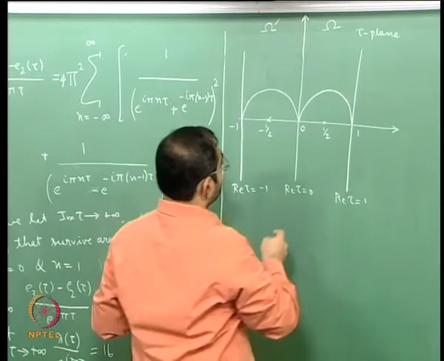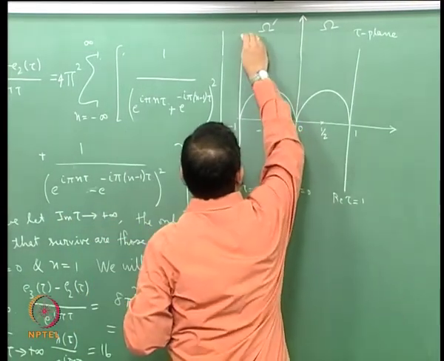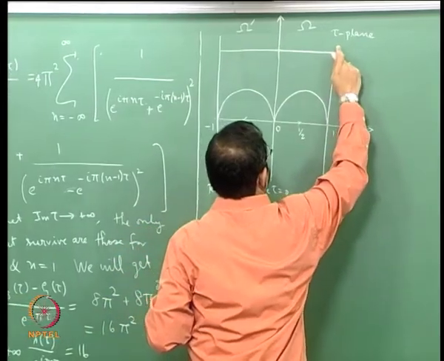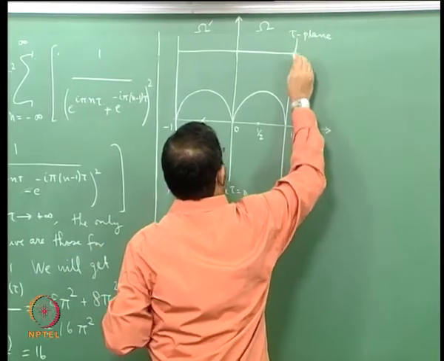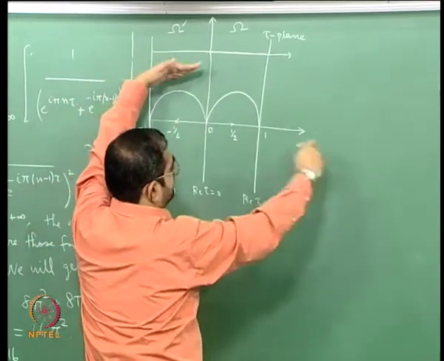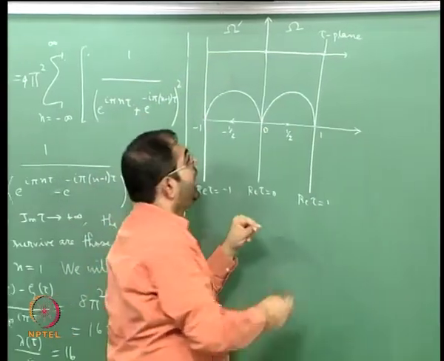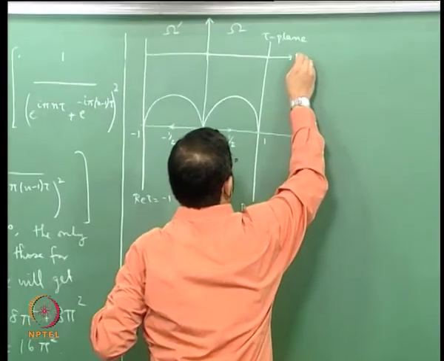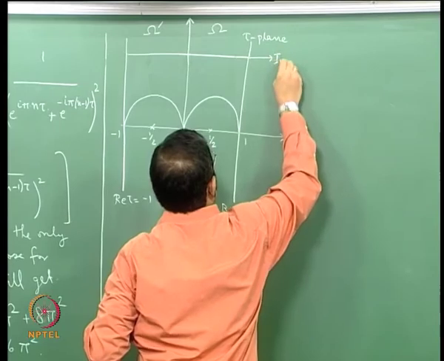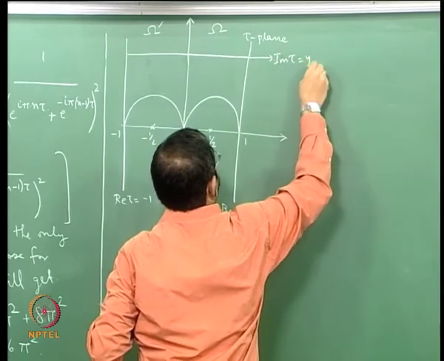Now what I am going to do is I am going to take a line here parallel to the real axis, and with imaginary part of tau is equal to say some y naught.